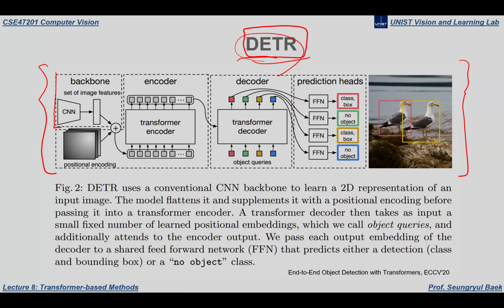So in the backbone, as I told you, they are applying the ResNet architecture. They are applying a state-of-the-art CNN-based image feature extractor to the images and extracting some features. Then they also apply the positional encoding.